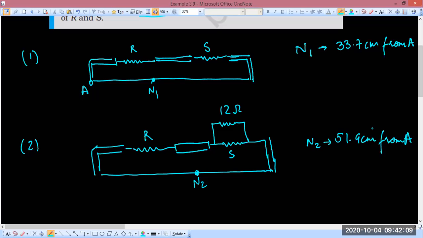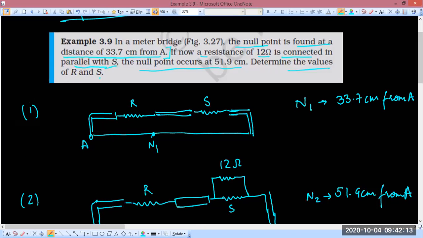Right. So now based on this, we have to find values of R and S. See, even here, everybody, even here, we need one known resistance. છે ને? કયું છે known resistance? 12 ohm. Right? We have that one known resistance. Okay.